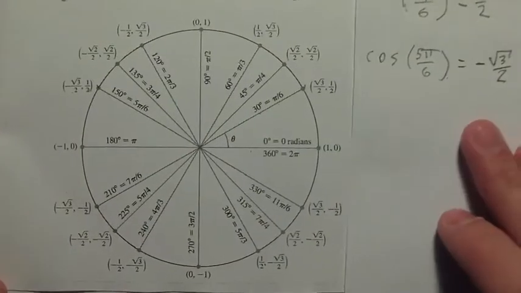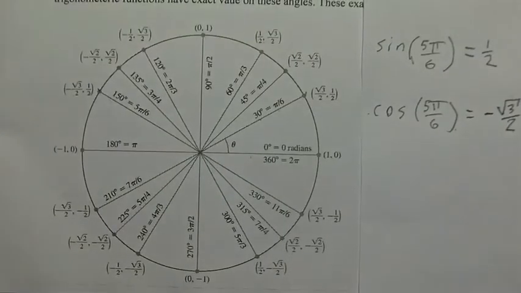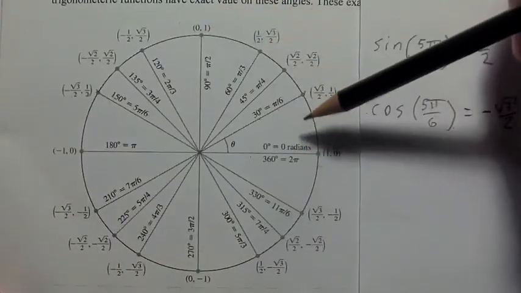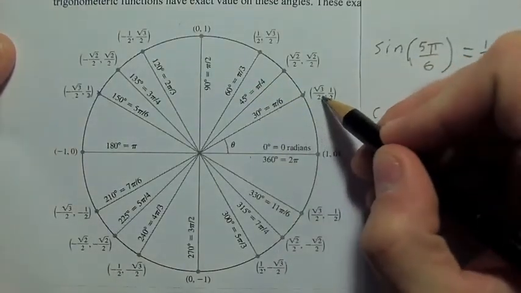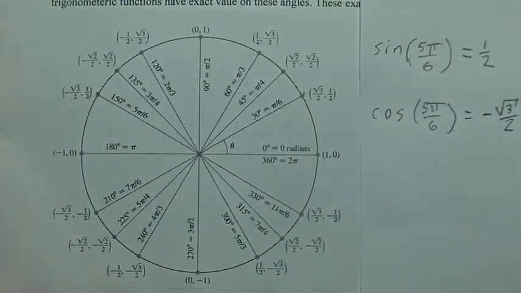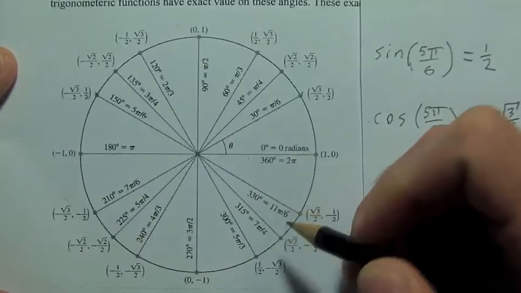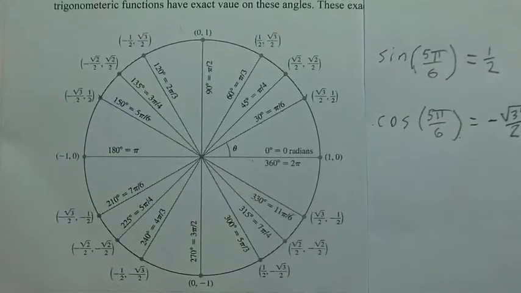Now, one thing to note about this, some people just have the entire unit circle memorized. That's okay, and if you do, that's great. But if you don't, what I submit is that you really only need to know this first quadrant. Check this out. I have pi over 6 here, and that gives me the point square root of 3 over 2, comma 1/2. Now, if I look at every other something pi over 6, like 5 pi over 6, 7 pi over 6, 11 pi over 6, I basically have the exact same point for all of these.